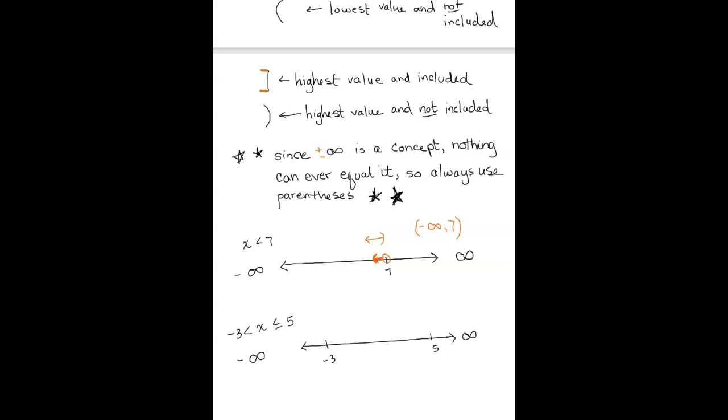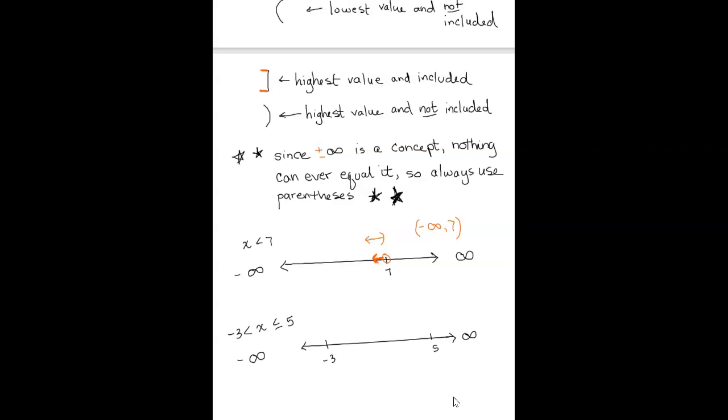Here, I have something very similar. In this case, I have a strictly less than, and then I have a less than or equal to. So I'm going to show both of these, with the values in between. My x's are going to fall between this -3 and the 5. So here I have my -3.